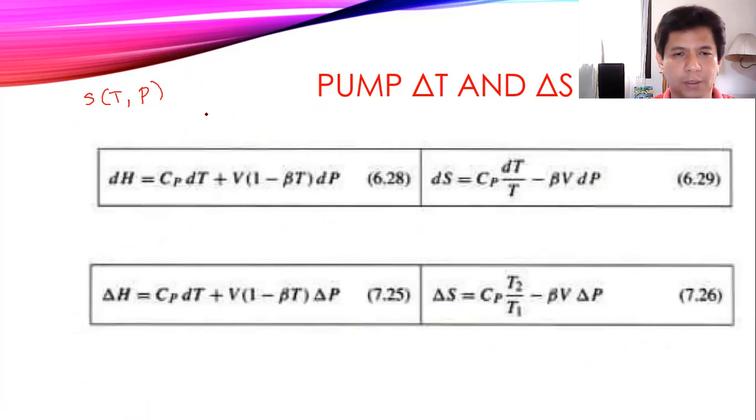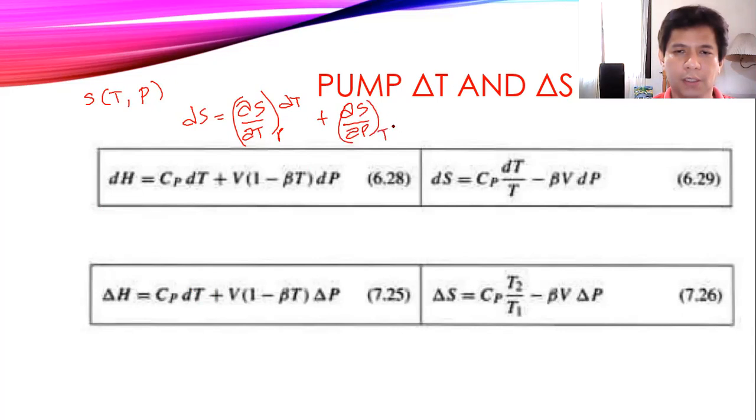So, if you're going to assume that entropy is a function of temperature and pressure, so dS is equal to partial derivative of S with respect to T at constant P times dT plus partial derivative of S with respect to P at constant T times dP. Basically, ganun din, no?